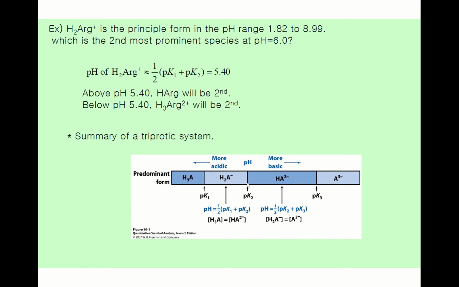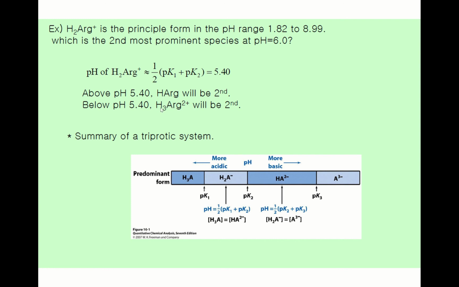So the next principal species is what? It must be this form, not this form. This is the major species, and now you calculate the pH difference between pK and our pH. This one is the third prominent species, because here is 6 and this is 1.92, and the distance is very large.